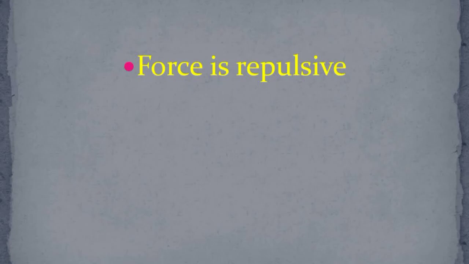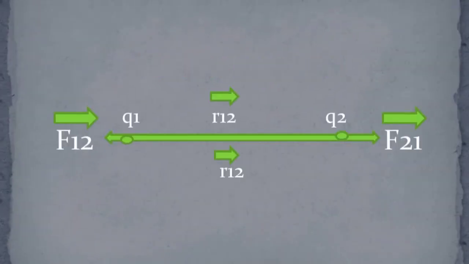If the force is repulsive, the force due to the charge Q1 and also the force due to the charge Q2 are in the same direction and also the position vectors are in the same direction.